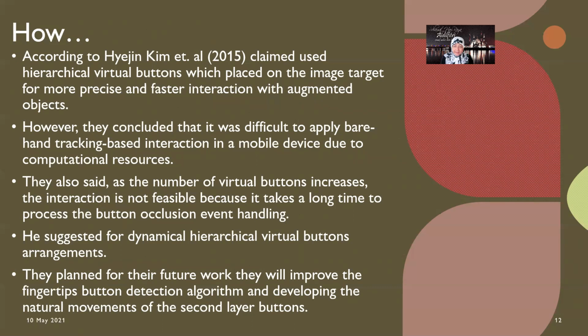They also said that as the number of virtual buttons increases, the interaction is not feasible because it takes a long time to process the button occlusions and event handling. He suggested dynamic hierarchical virtual button arrangements. In future work, they will improve the fingertip button detection algorithm and develop the natural movement of the second layer buttons.